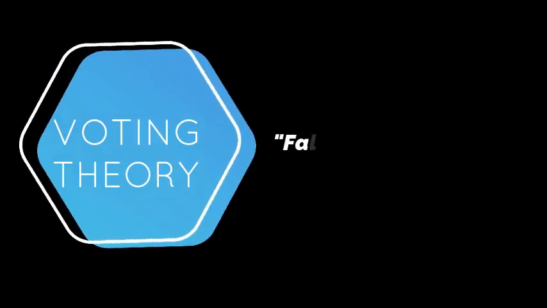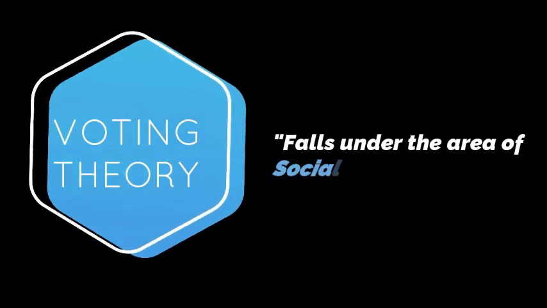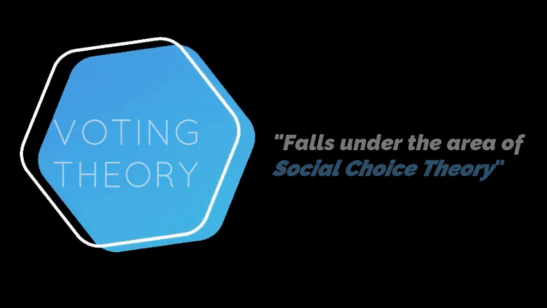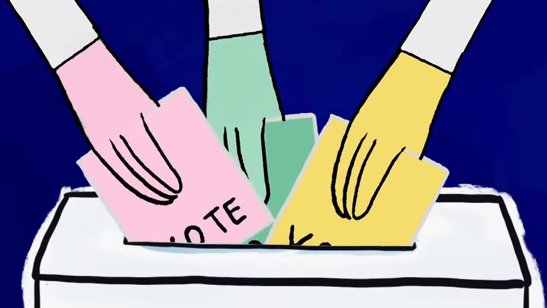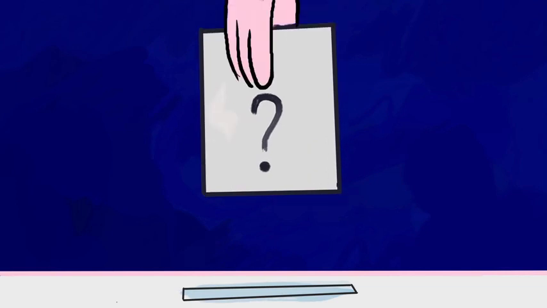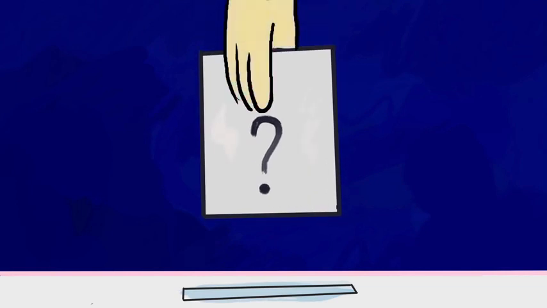Voting theory falls under the area of social choice theory, which deals with the process by which varied and conflicting choices, as in elections, are consolidated into a single choice of the group or society that reflects the desires of each individual as much as possible.